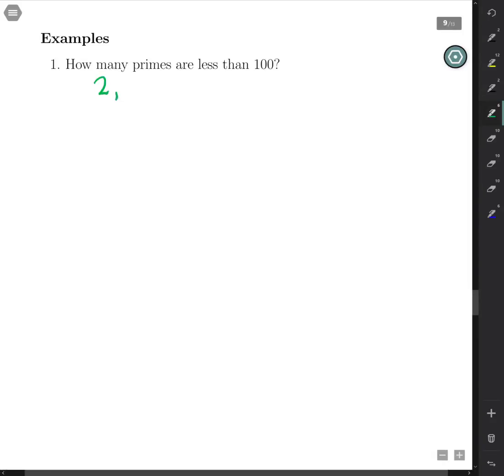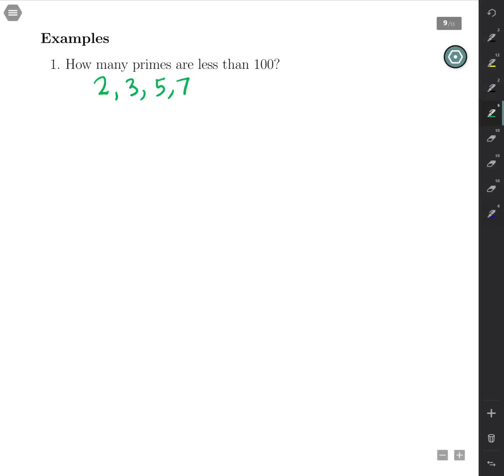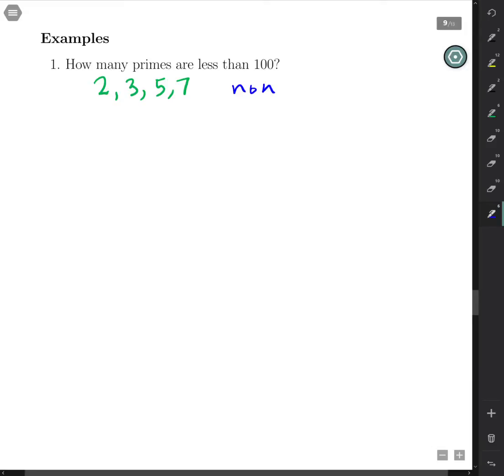So we're going to start off by thinking about 2, 3, 5, and 7, and there's a reason for that, and that is if we have a composite number, a non-prime, and it has the smallest prime p, and other primes like so.